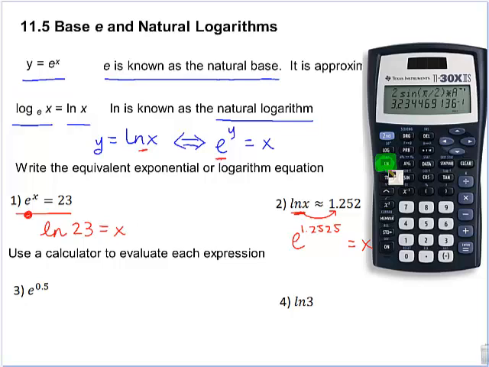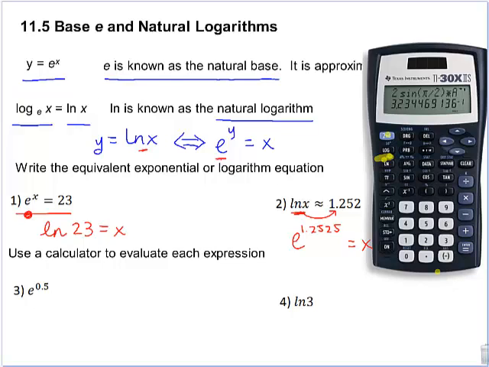Now, if you look at this a little bit closer, the value written in light blue right on top of it is e to the x. So in order to figure out what e to the 0.5 is, you would have to use that e to the x button. For this calculator that we have up on the board right now, you would type in second e to the x and then 0.5.